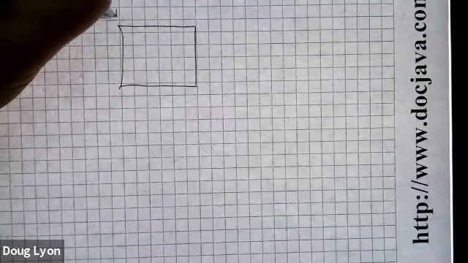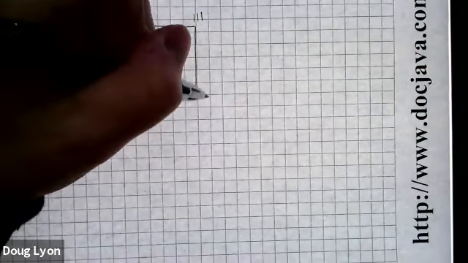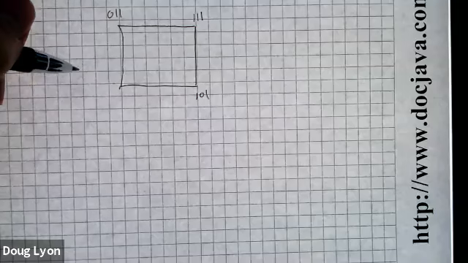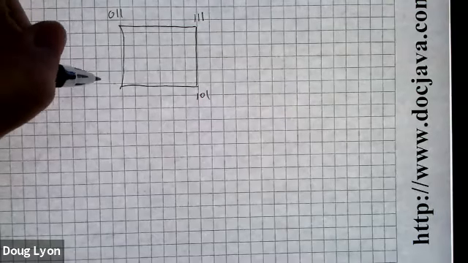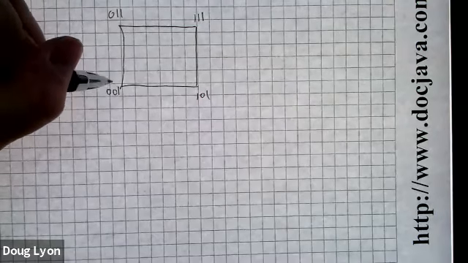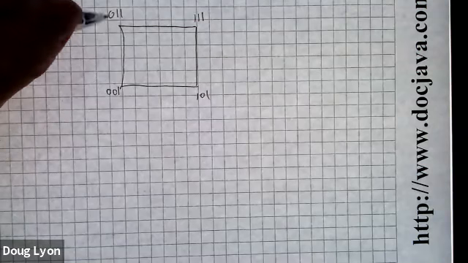And then in the square we'll put 0, 1, 1, 1, 1, 1, 1, 0, 1, and 0, 0, 1.